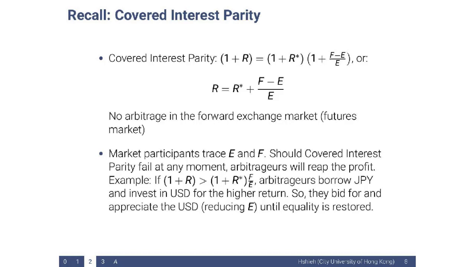You can see that by swapping out the F with the E prime. The reason we can swap out the F with the E prime is that carry traders conduct the same type of no arbitrage strategy that we outlined in the previous lectures, but we're simply omitting the step where we engage in the forward contract.